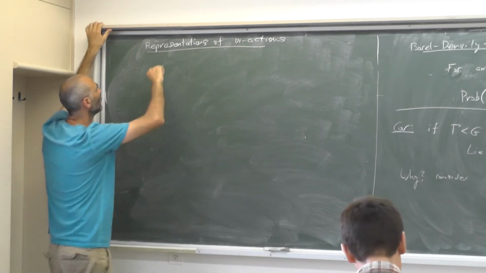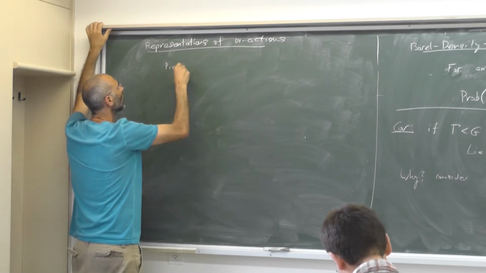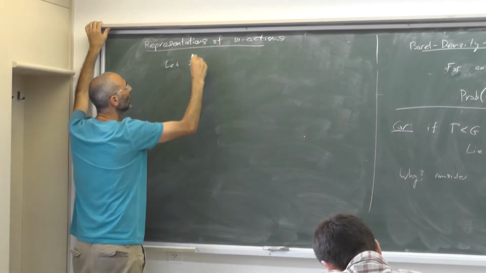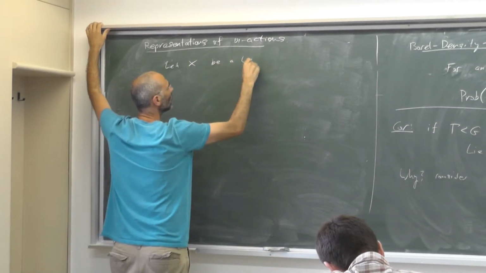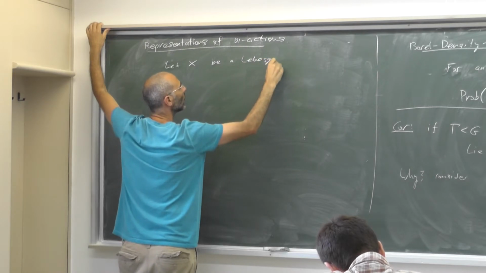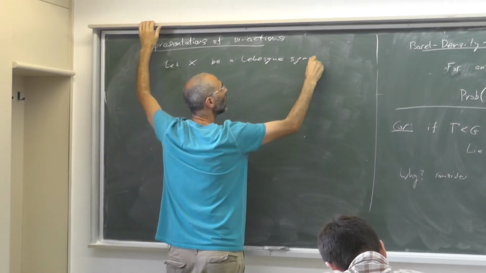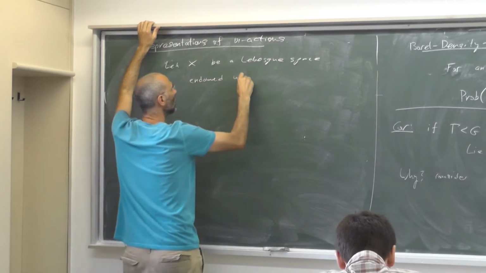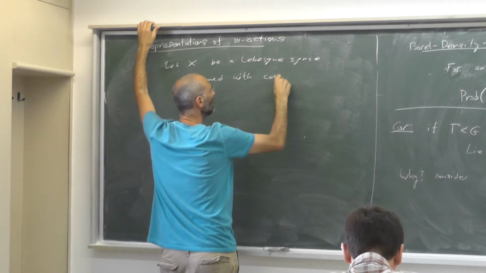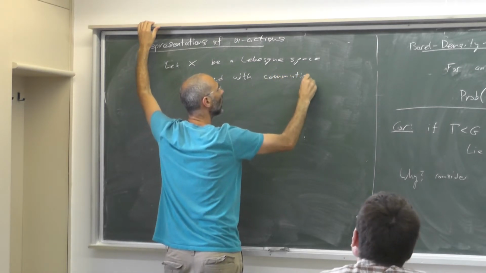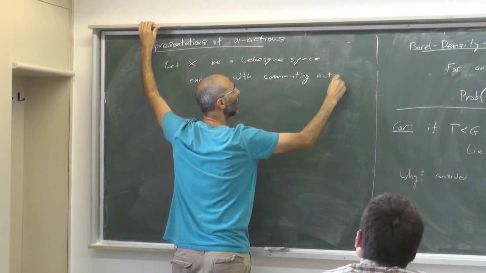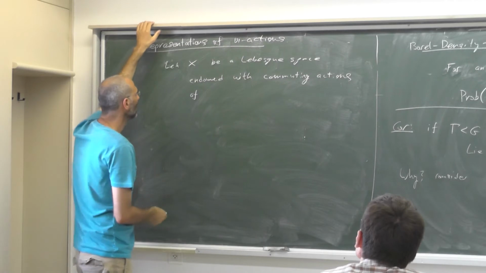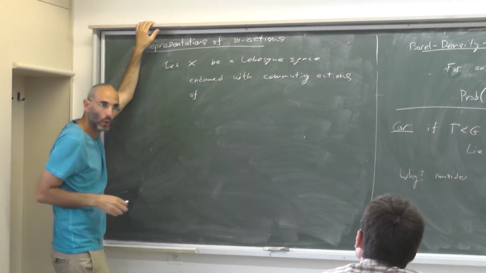So now pick, let X be a vector space, with commuting actions of... somehow I will break the symmetry.